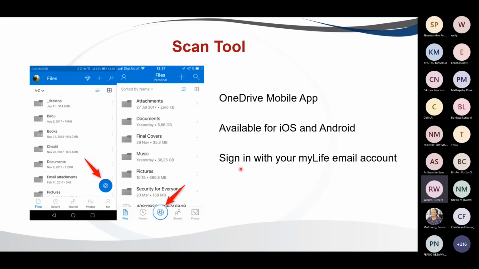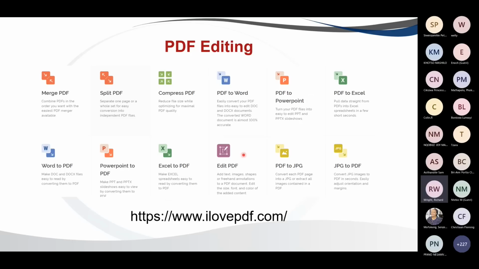Once you're logged in to the app, it's got a little camera at the bottom, and you can use that to scan in the document to a PDF document. Once you've got your PDF document, you can upload it directly from your phone to the myExams portal. So you don't need to transfer it to a laptop or your desktop.